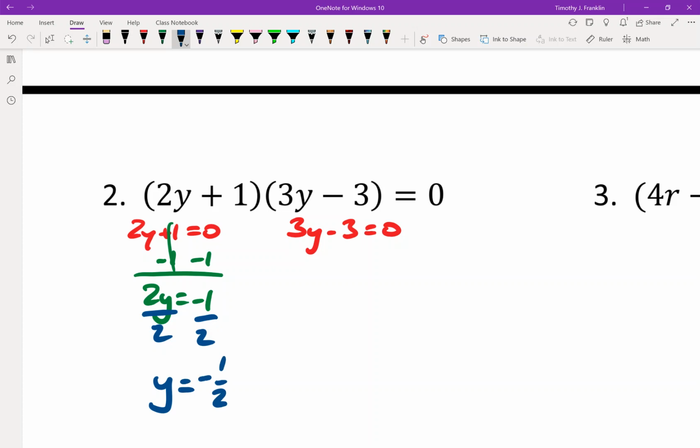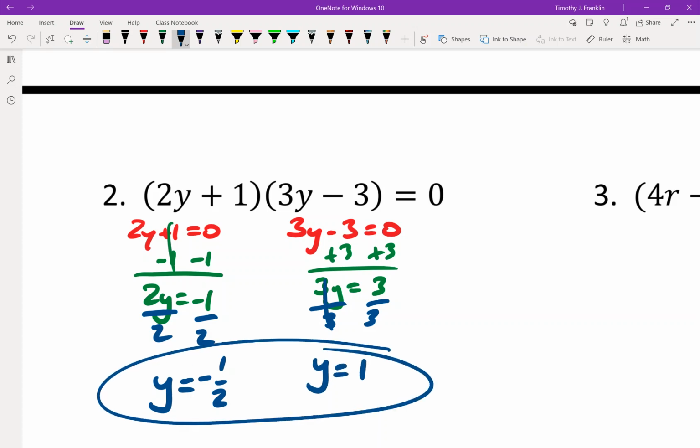For the second factor, we're going to add 3. So 3y equals 3. Divide by 3, and y equals 1. So our 2 solutions for this problem are negative 1/2 and 1. We can get a fraction, that is possible, and that's okay.